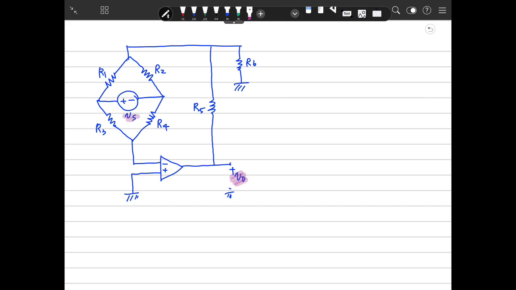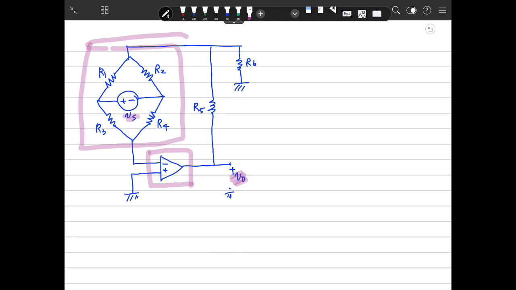Actually, this circuit has an op-amp, and even though the op-amp circuit is very simple, the other circuit looks very complicated. So in this case, we don't care about this inner circuit, whatever it is.